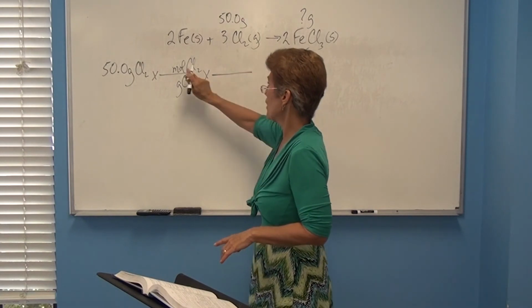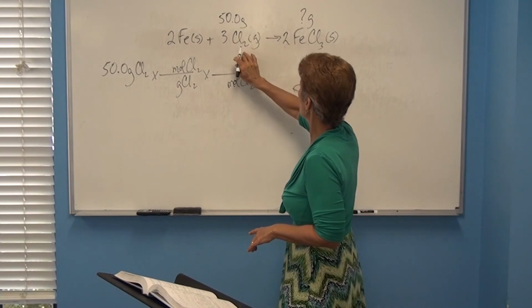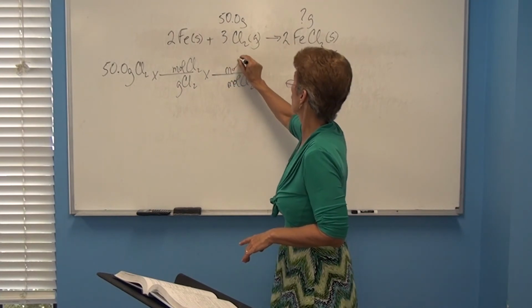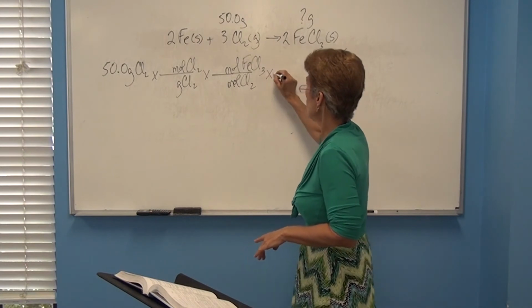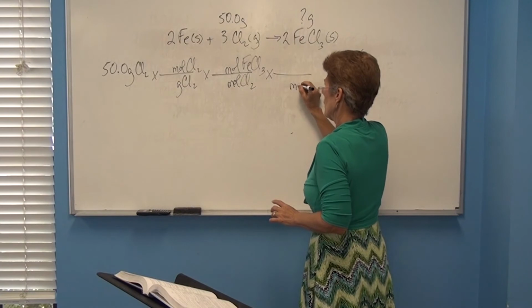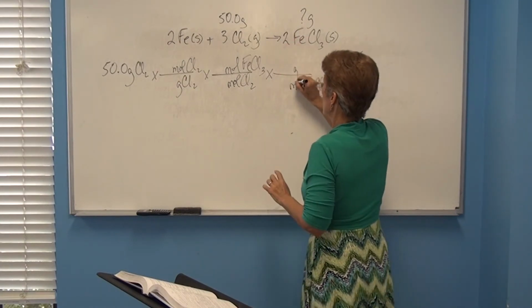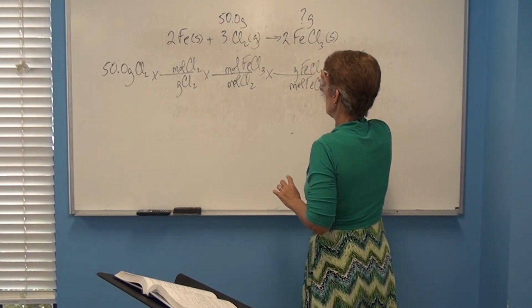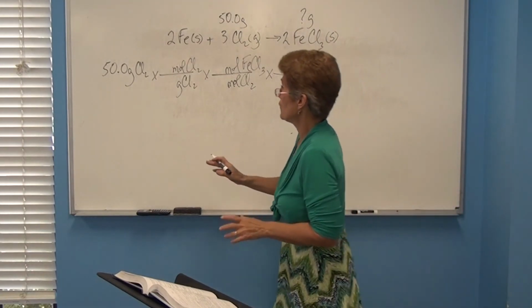So I'm going to do another times line, put this down here, and now I'm going to go over to here. Then I need to get to the grams of that, so I'm going to put this down here, and I'm going to go to the grams, which is where I'm trying to go.